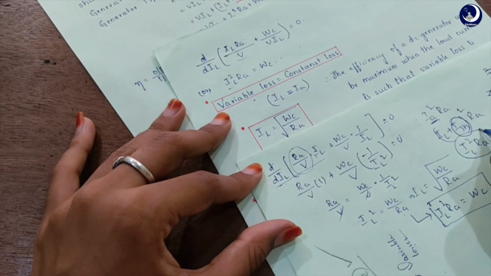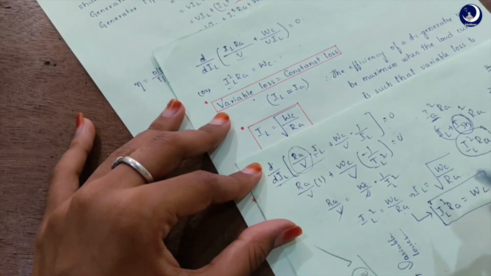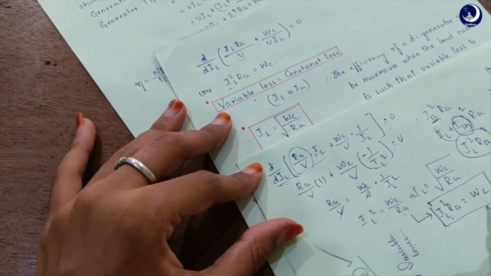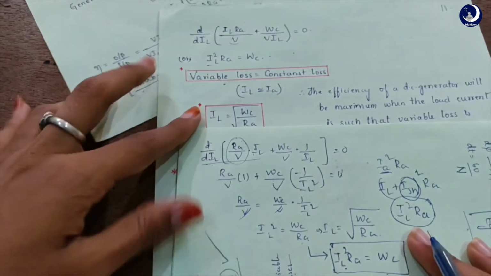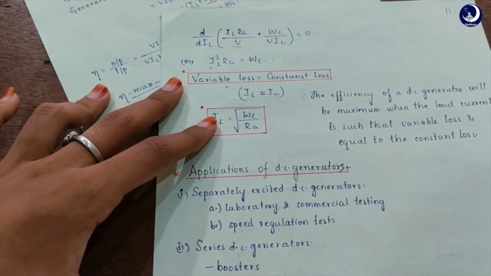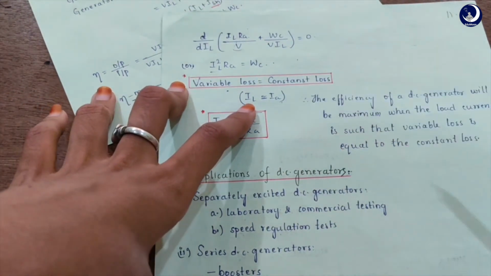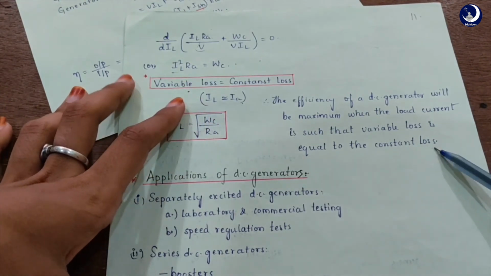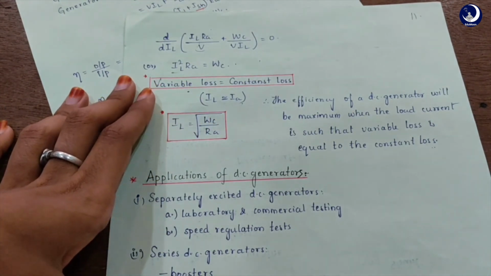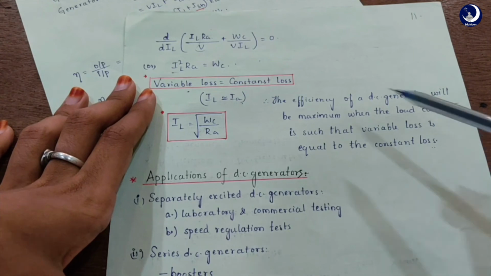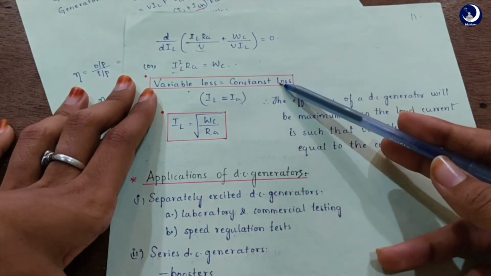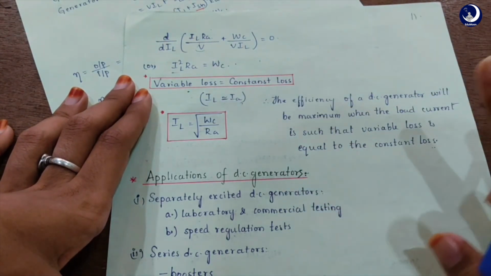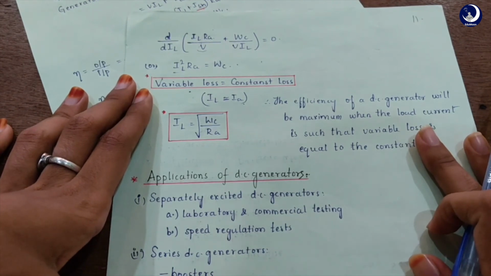So this is the variable loss, and the variable loss equals the constant loss. So when we consider the armature current to be nearly equal to the load current, the efficiency of the DC generator will be maximum when the load current is such that the variable loss equals the constant loss. This is how we get the maximum efficiency.